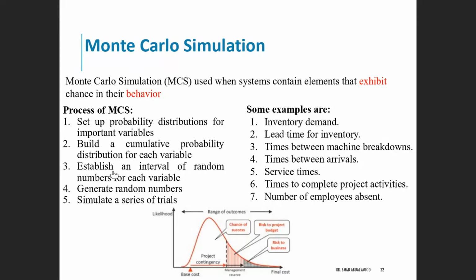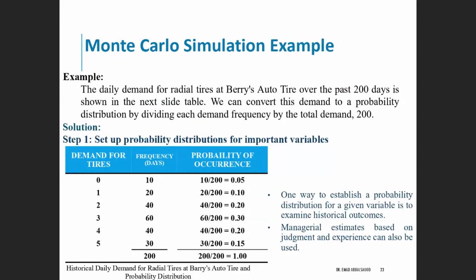Then you establish intervals of random numbers, ranges of random numbers, and then you generate random numbers that fall within those intervals you set in step 3, and then you simulate these values based on the probability you have set from step 2. Let's take an example and see how we implement those 5 steps step by step, to show you how easy it is to do the Monte Carlo simulation.